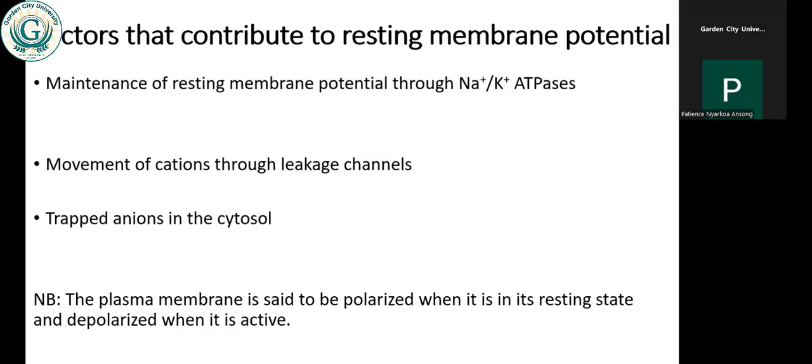I hope that is clear. So if we have sodium and potassium leaky channels, all transporting sodium and potassium accordingly, you tend to have a lot of potassium leaving because potassium leaky channels transport potassium at a faster rate compared to sodium. And that also makes the inside more negative.